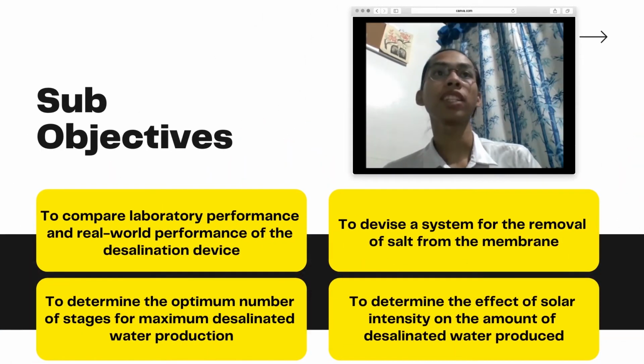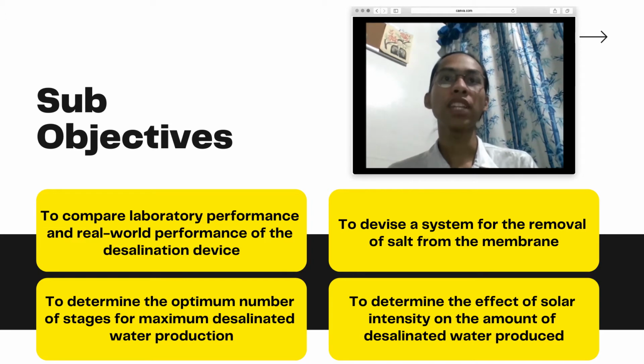Other sub-objectives are to compare laboratory performance and real-world performance of the desalination device, to determine the optimum number of stages for maximum desalinated water production. Next, to devise a system for the removal of salt from the membrane. And lastly, to determine the effect of solar intensity on the amount of desalinated water produced.